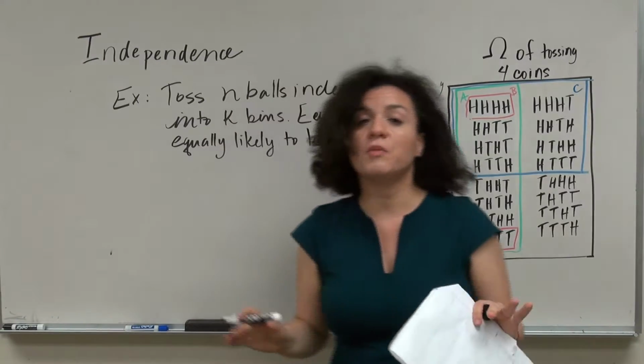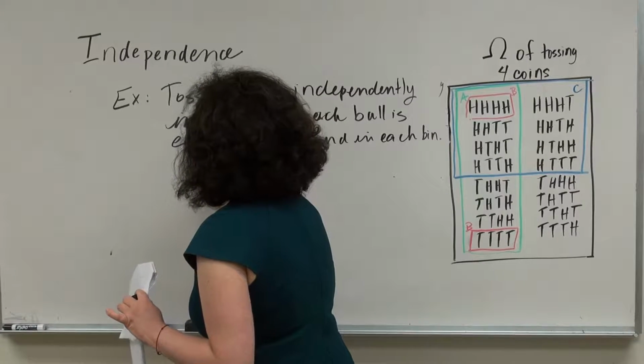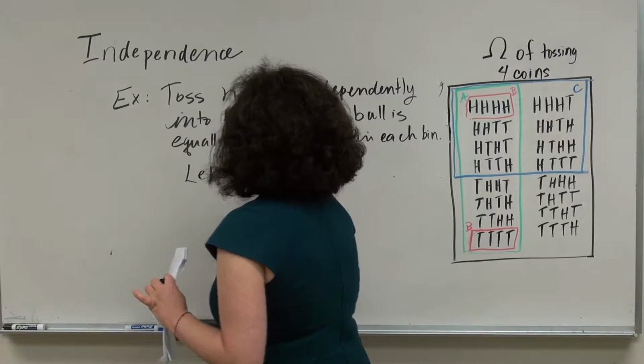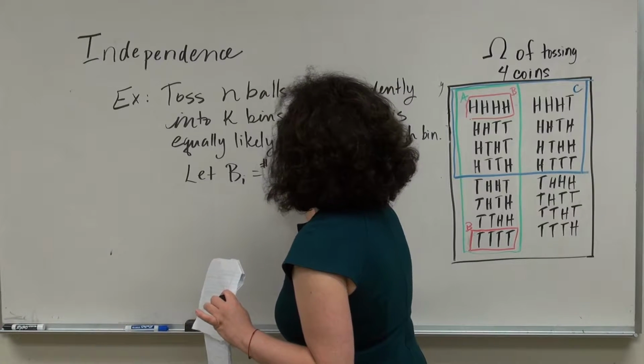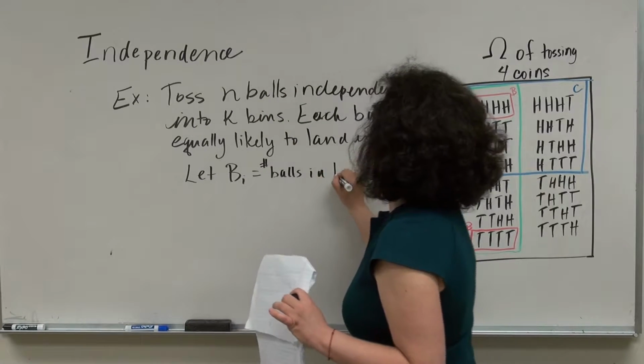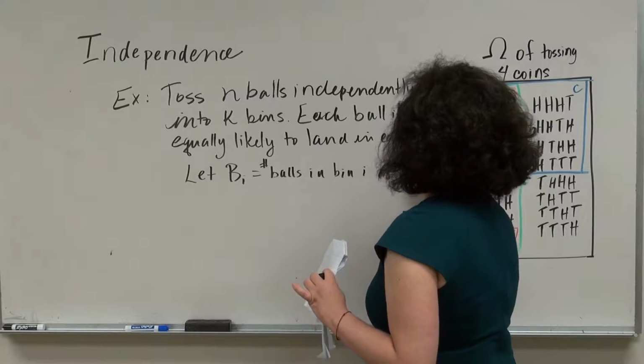Now the random variable we're going to worry about is actually the bin total. So let bi equal the number of balls in bin i, and i is between 1 and k.